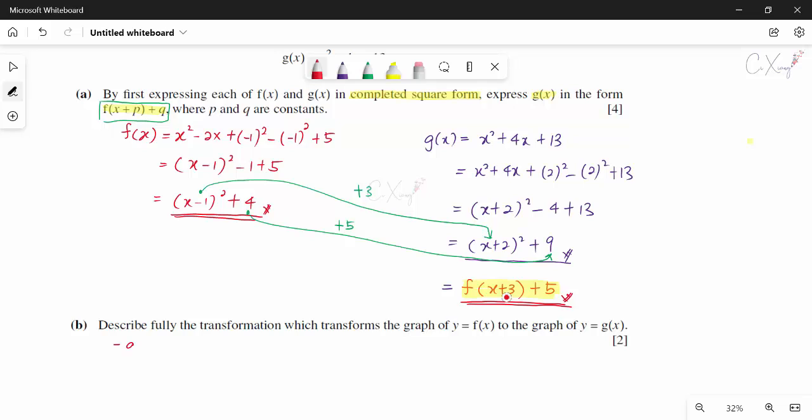So let us start. There's a translation in the x direction, of 3 units to the left hand side. And after that, we also have the translation in the y direction.